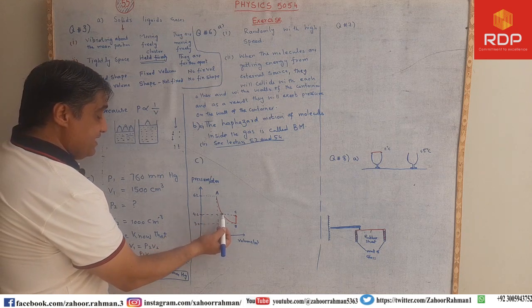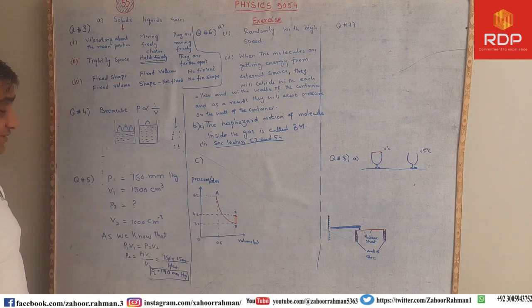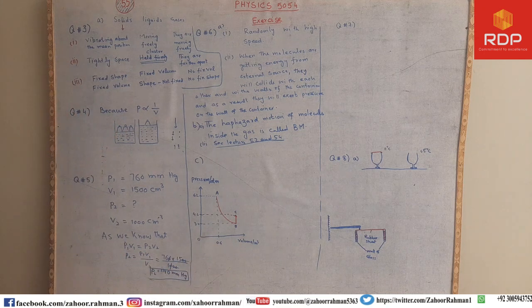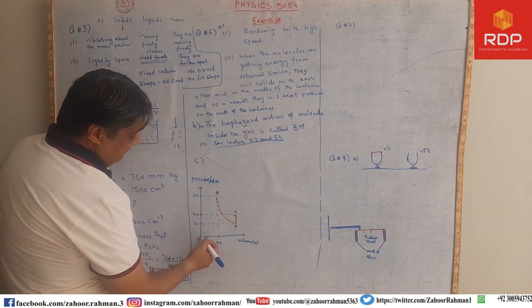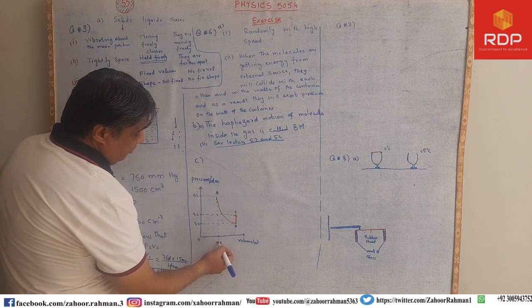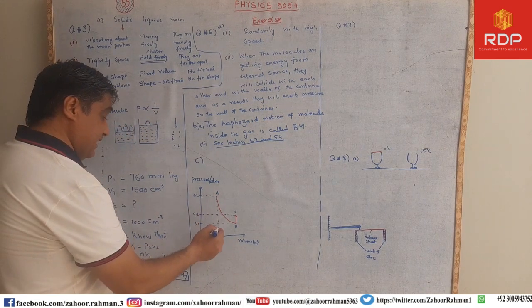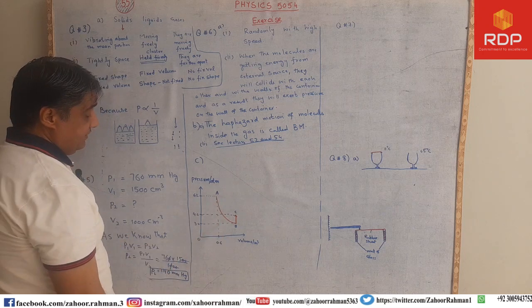Then at this point it has the value 4.2 atmospheric pressure, and here there is 3.0. So it means that it is gradually decreasing, and here there is 0.6 meter cube, the volume at point A.